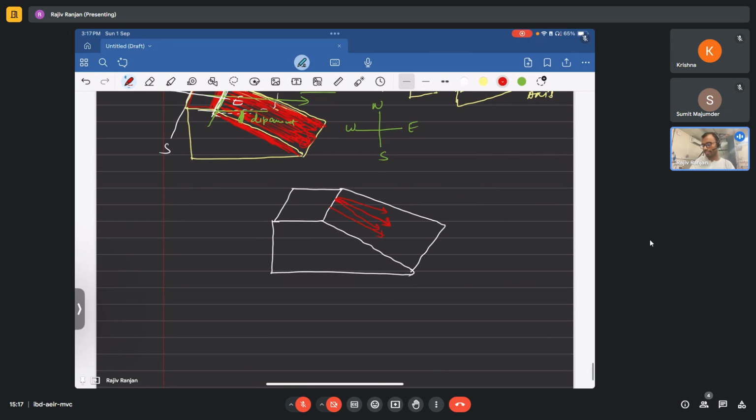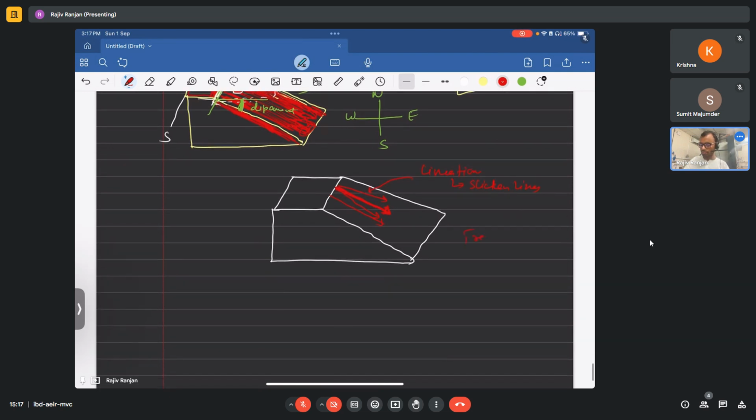So there will be some linear markings here. If you specifically talk about the fault surface, this lineation is called slickenlines. What you can measure is the direction in which this is pointing. This is called trend, and the amount is very similar to dip. The plunge amount is very similar to dip. The angle that the lineation makes with the horizontal is known as plunge. So mainly two things we measure in linear features.